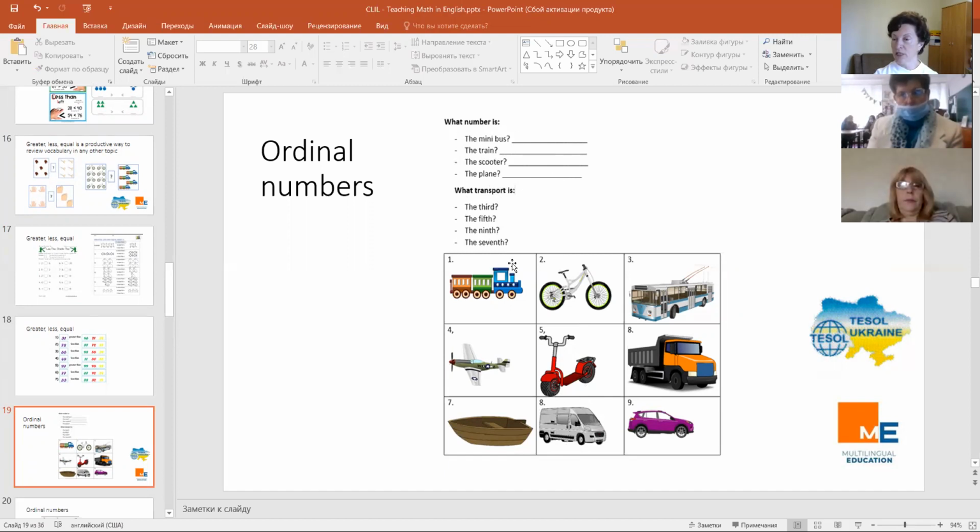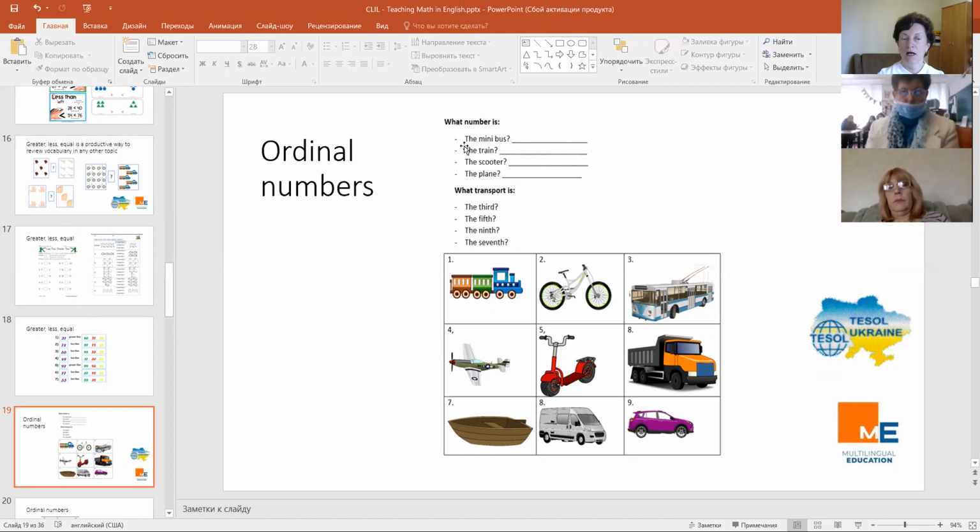So the ordinal numbers, you know, when teaching maths, for me, it is always fun to see how it develops in further topics, because there is no need to teach math for math. When we teach math as teachers of English, we teach it for language development as well.